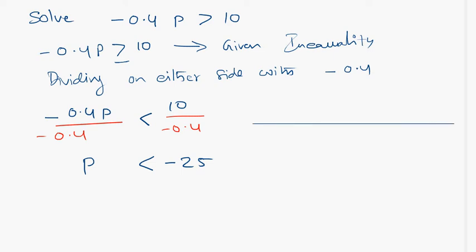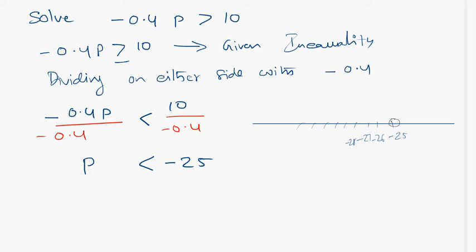Say for example, if this is a number line, there is negative 25, negative 26, negative 27, negative 28, etc. So p takes all the values which are less than negative 25.